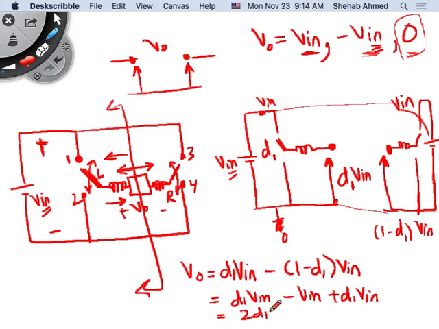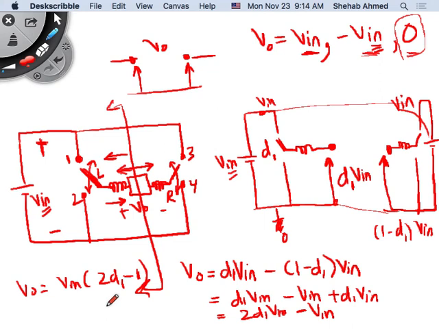So 2D1 V input minus V input, right? Or V output is equal to V input times 2D1 minus 1.